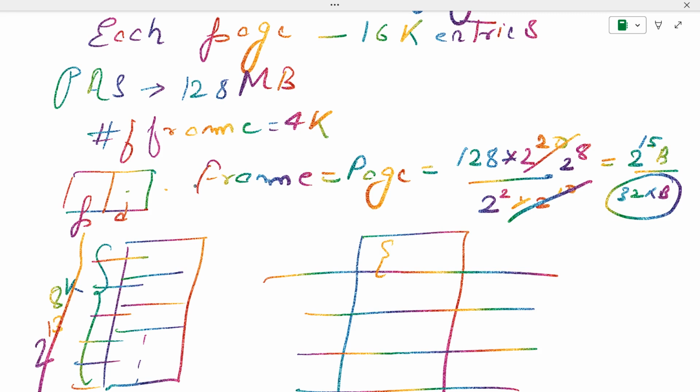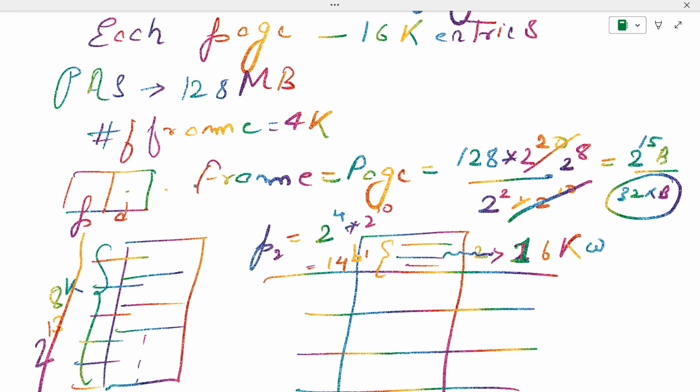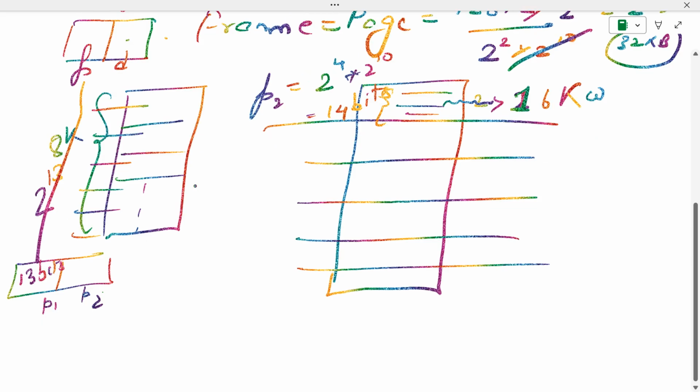So the size of each page of the page table is 16k words, and P2 is 2 raised to the power 4 into 2 raised to the power 10, that is 14 bits. So we have got P2 as 14 bits.